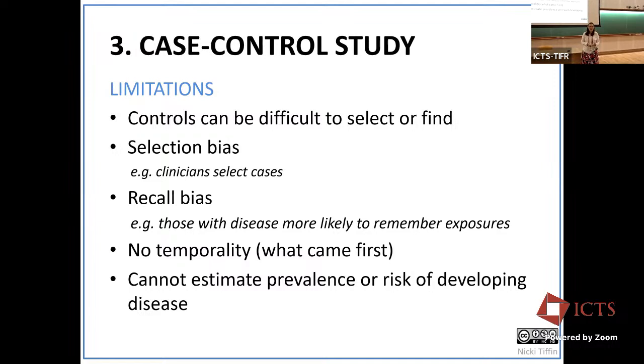So recall bias is quite a big problem, that people have different motivations for remembering different exposures. There's no temporality in terms of what came first, because you weren't around to assess the development of exposures followed by the cases. And you can't estimate the prevalence because it's not a population study, and you can't estimate the risk over time of developing the outcome or disease.